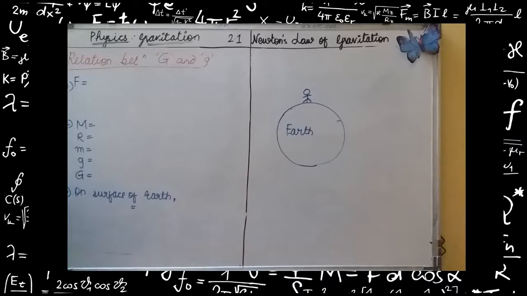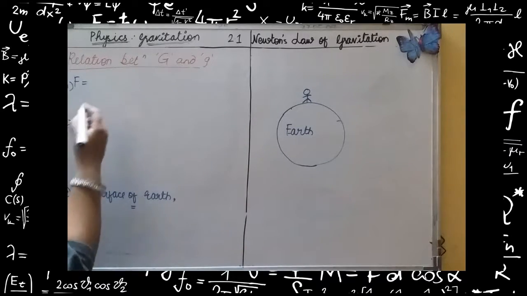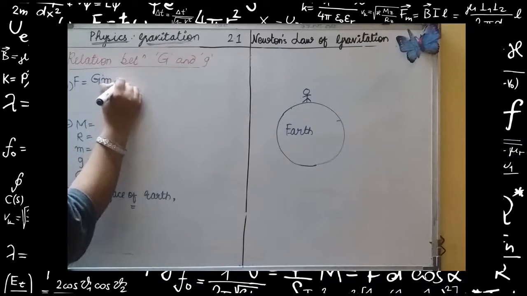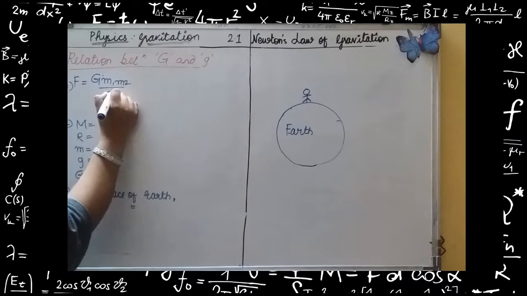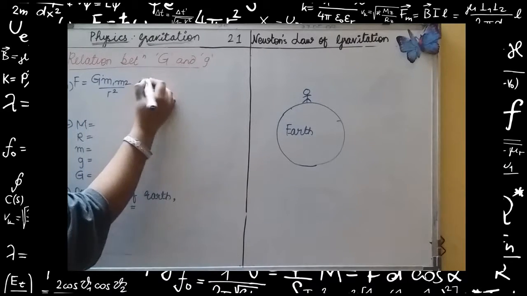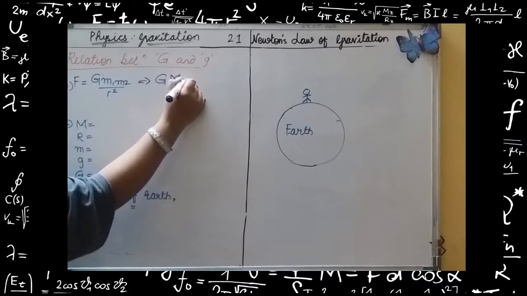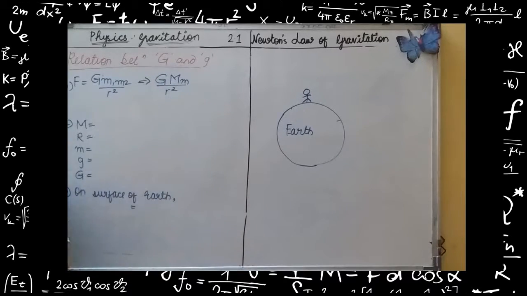Here we have to obtain the relationship between the gravitational constant and acceleration due to gravity when we are standing on earth. First, as we know Newton's law, we just derived it as force is equal to capital G m1 m2 upon r square. But here we won't take m1 m2, so we will take it as capital G capital M small m upon r square.